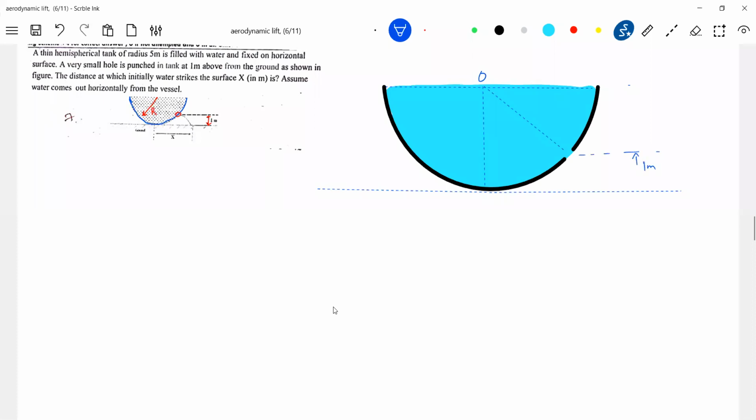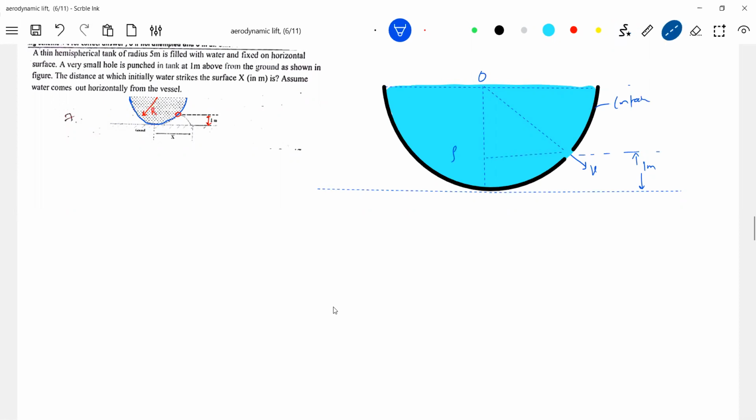1 meter. Tell me how the liquid will emerge here. When you put a hole in a container, the liquid will be directed normal to the wall of the container. Fine.